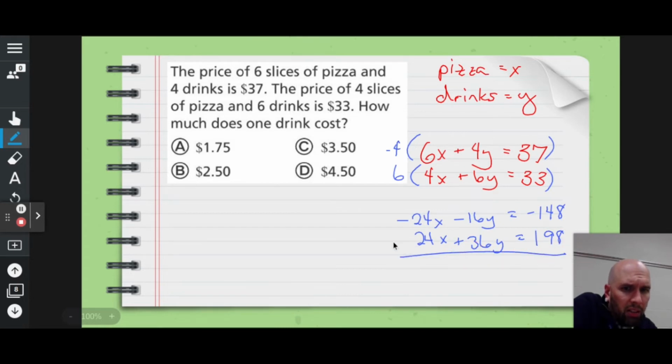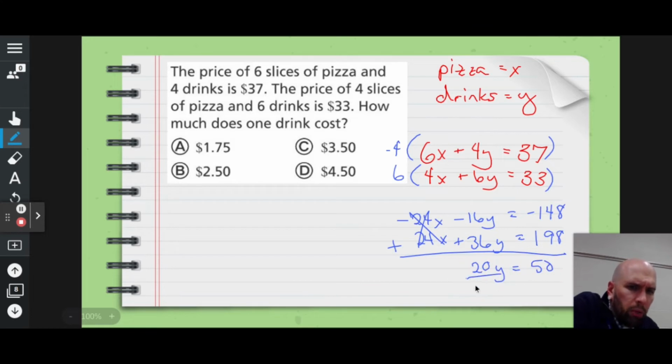Let's add these up. The x's go away. You become 20y, and you become 50. Just making sure I didn't do anything dumb. I didn't. That's right.